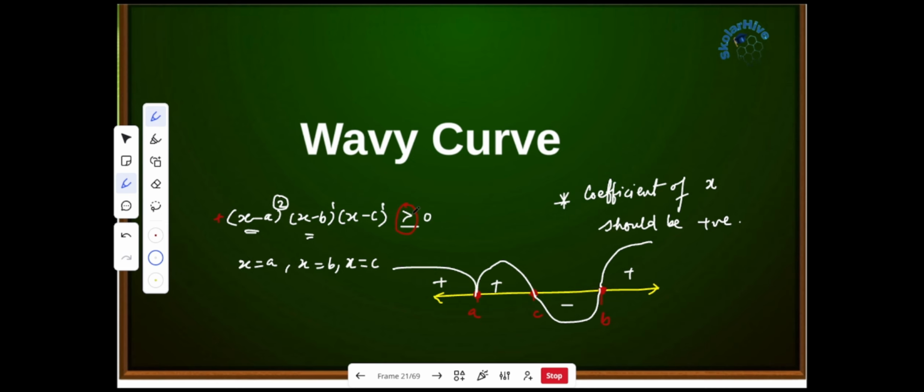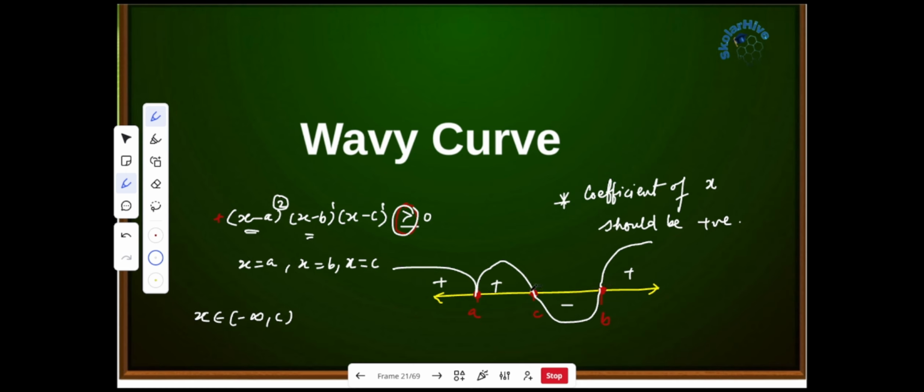Now look at the initial inequality, which is greater than equal to 0. Greater than equal to 0 means positive. So look at this Wavy curve for which regions have the positive sign. Those regions will come in as the solution. So here you can find that less than A and less than C are both positive. So directly you can say the values of x are from minus infinity to C. So x belongs from minus infinity to C as well as from B to infinity.